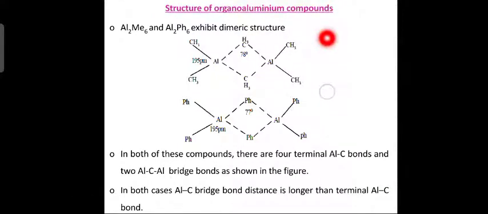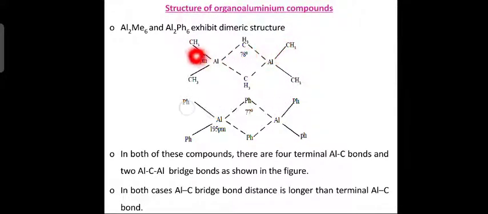Now what is the structure of organoaluminium compounds? So these are dimer molecules, Al2Me6 and Al2Ph6, so they exist in dimeric form. So one aluminum has 2 methyl groups, another aluminum has 2 methyl groups directly linked, and in between there is a bridge with one methyl group CH3 each.